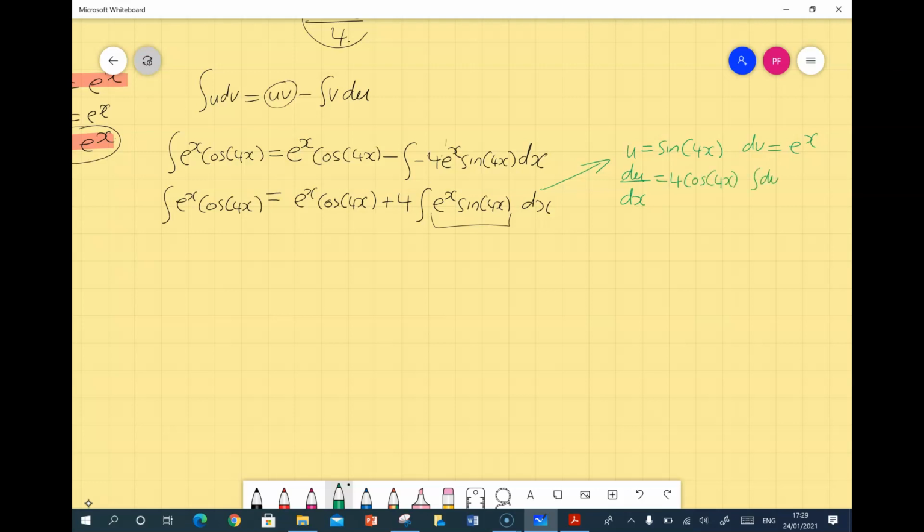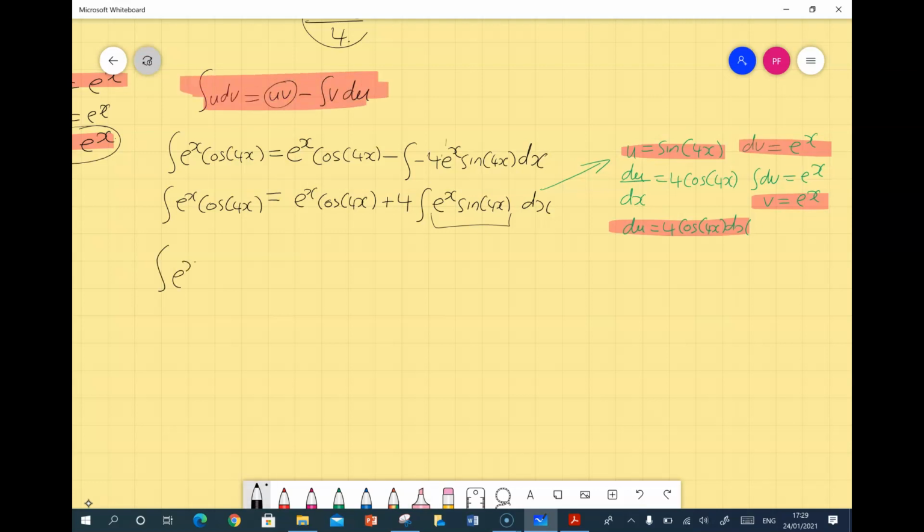The integral of dv is just e to the power of x, so that means v is e to the power of x. And then I've got my du equals 4 cos 4x dx. So I've got my 4 important pieces, and I put them together using my integration by parts formula.